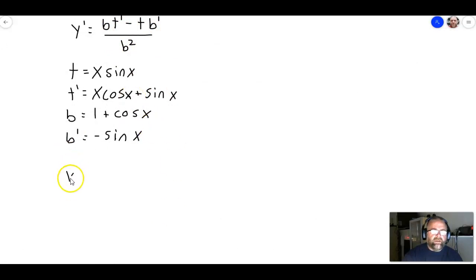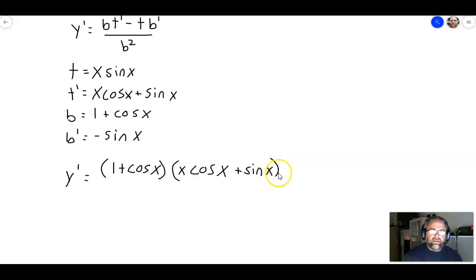So y prime is equal to the bottom, which is 1 plus cosine of x, times the derivative of the top, which is x cosine of x plus sine of x, and then minus the top, which is x sine of x, times the derivative of the bottom, which is negative sine of x.